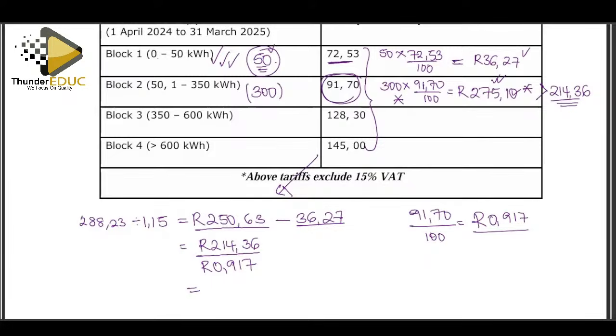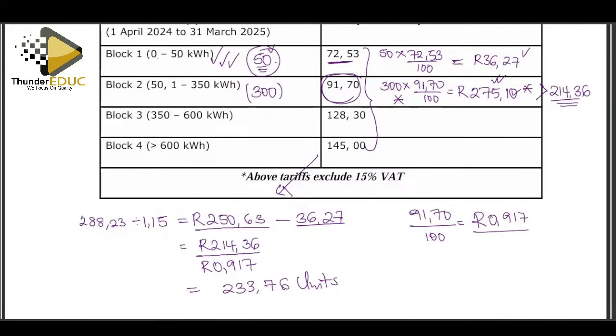So we have 214 rands 36 cents divided by 91, so 917 cents. The answer becomes 233. These are units.